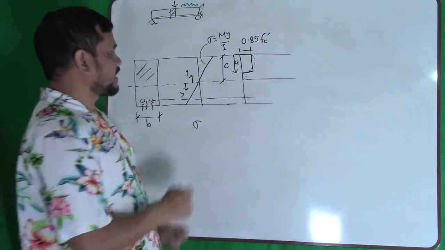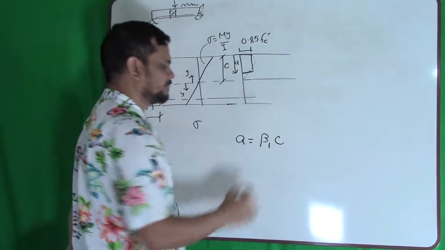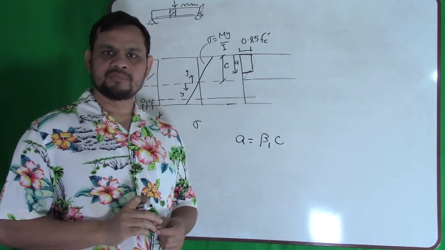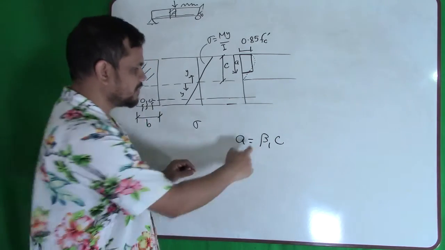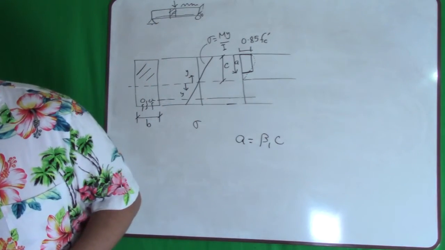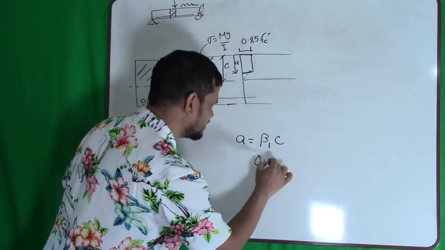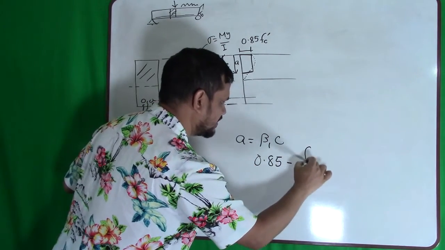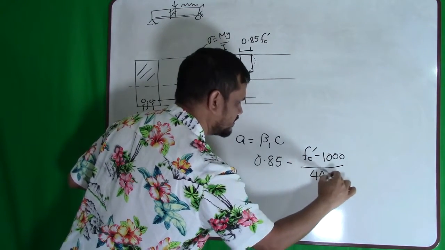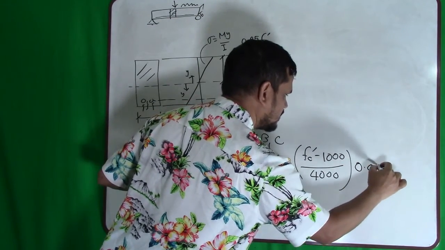So a is beta 1 times c. What is beta 1? Beta 1 is a parameter that depends on the compression strength of concrete. We can find beta 1 using this equation. If I see your book, so that I do not make any mistake, okay, if I can remember, it is 0.85 minus (f'c minus 4000) divided by 1000 times 0.05.